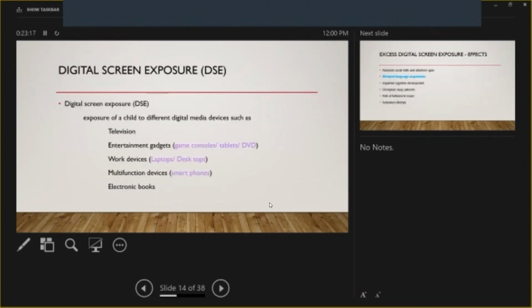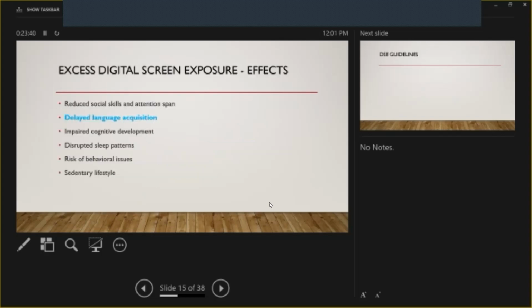Digital screen exposure is exposure of a child to different digital media devices. It's not only television, but entertainment gadgets like game consoles, tablets, DVD, work devices, laptops, desktops, multifunctional devices, the smartphone, and even an electronic book is digital screen exposure.